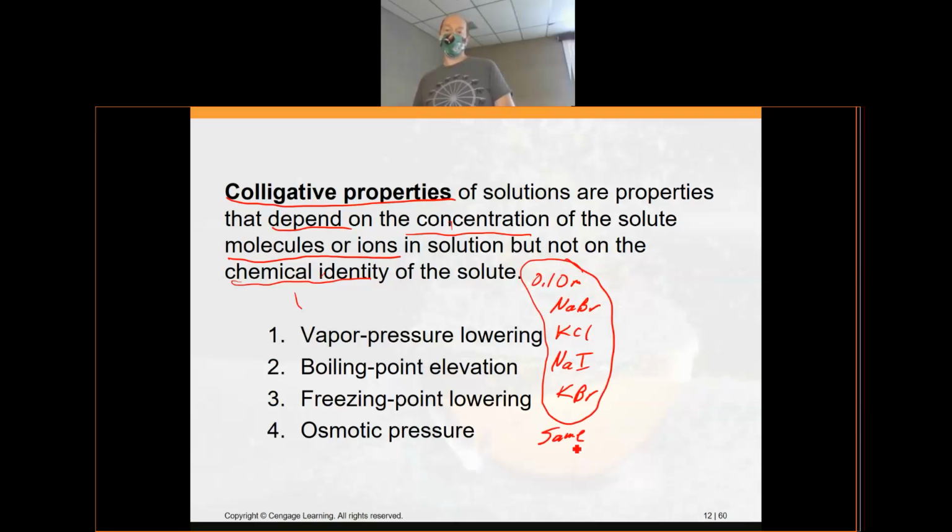They would have the same boiling point, freezing point. Everything is the same. It doesn't matter that this is sodium and bromine, potassium, chlorine. All right, but note that it is one positive ion, one negative ion.